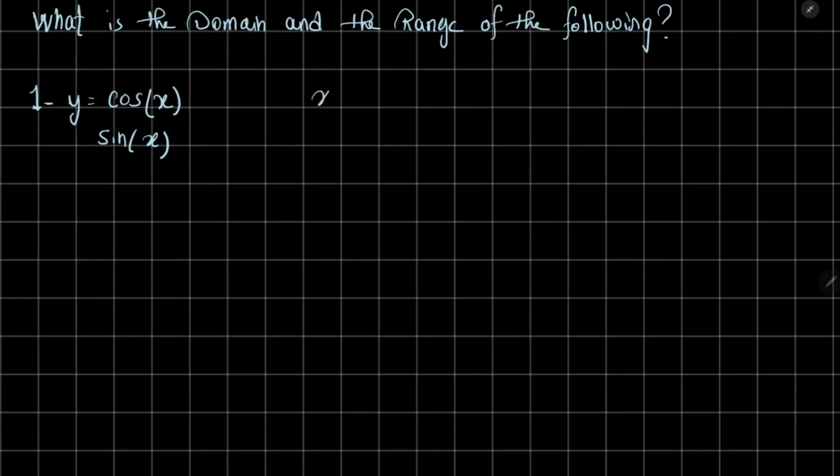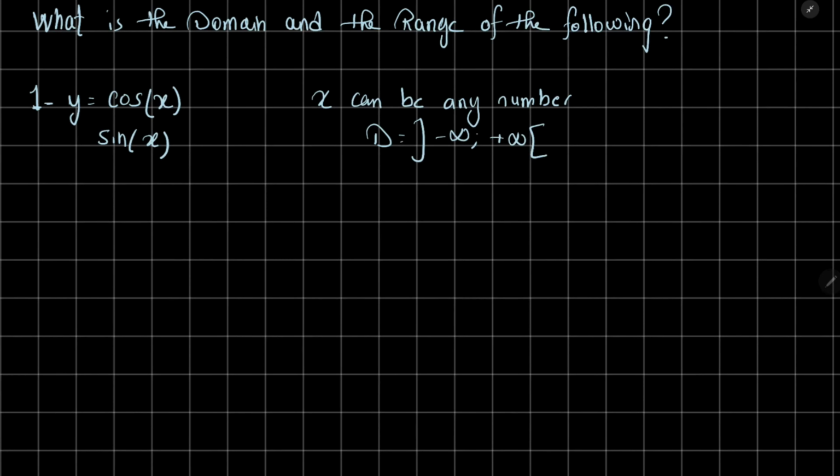So x can be any number. Then any number can be the input of this function, that is y equals cosine x or y equals sine of x. Then the pre-image or the domain set of this function is the whole R, real numbers, that is equal to the interval from -infinity to +infinity.